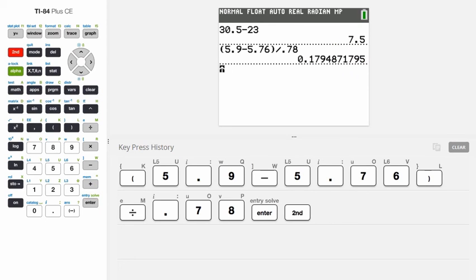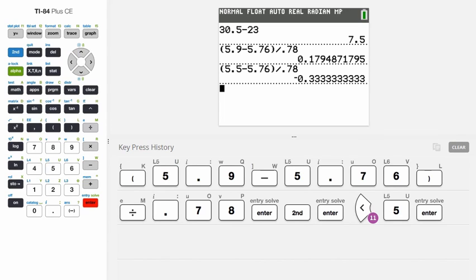If I press second, then enter, it retypes what I just did. I can do that as many times as I want to get the calculation I want. I'm going to arrow to the right until I am over the 9. Then I'm going to type 5 and press enter.